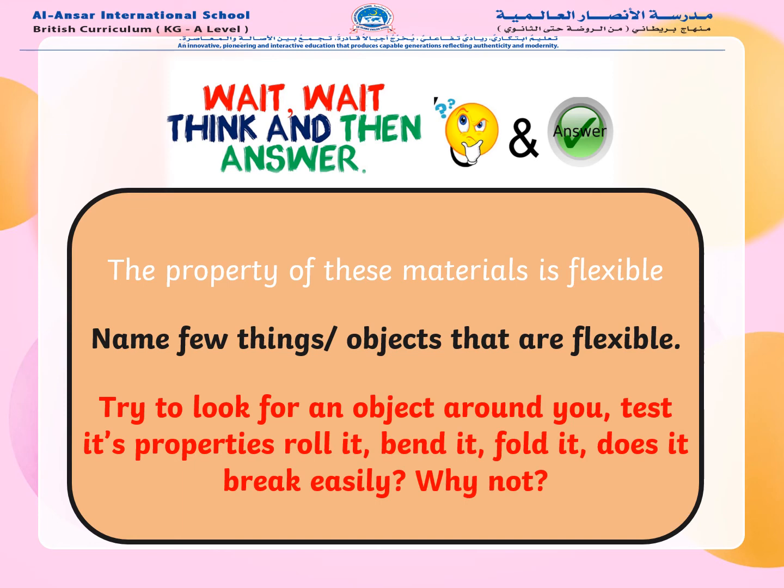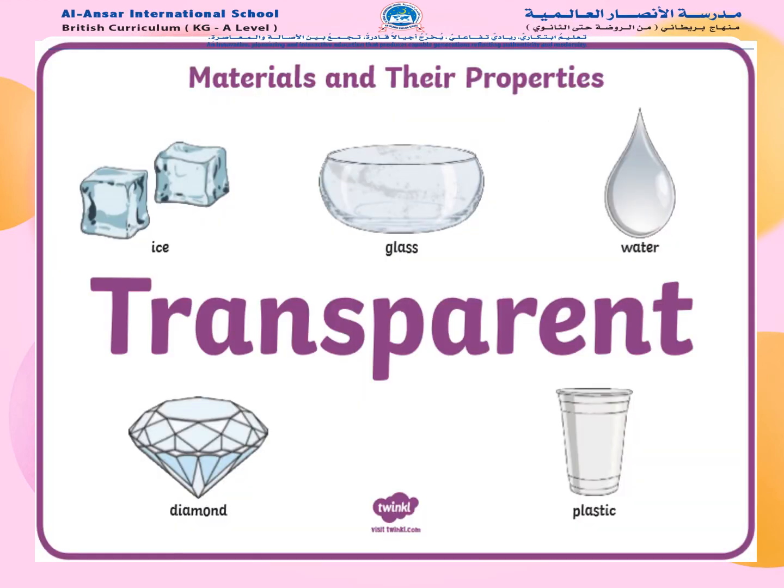Look around you. Test the properties of few things around you. How you can test it? You can test it by rolling it. You can bend it, fold it. Does it break easily? Why or why not? Think about it. Yes, you're right. It's flexible. That's why such things do not break easily.